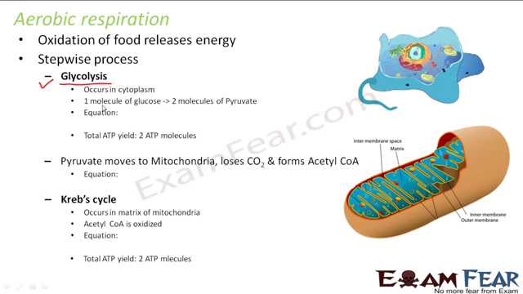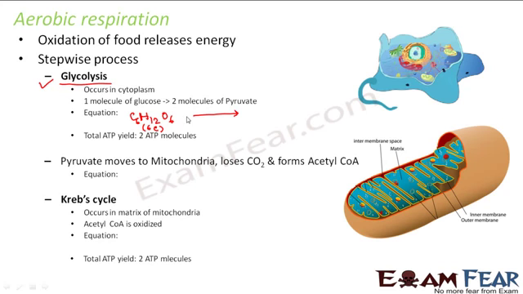So in both of them, first of all, in the cytoplasm, one molecule of glucose gets converted into two molecules of pyruvate. What is pyruvate? It is nothing but pyruvic acid. So a glucose molecule, that is C6H12O6, is a 6 carbon molecule, because there are 6 carbons present in this.